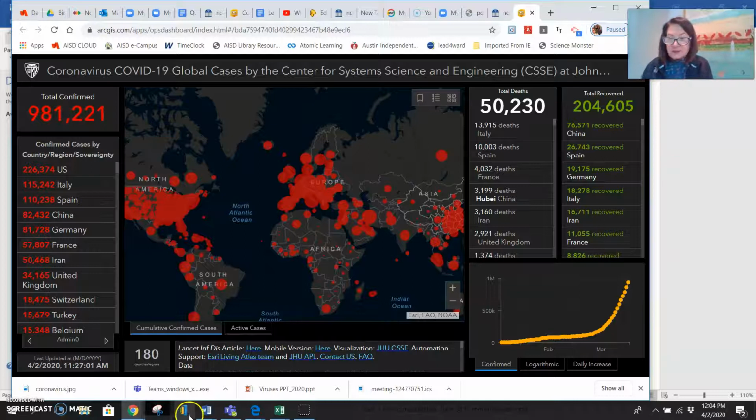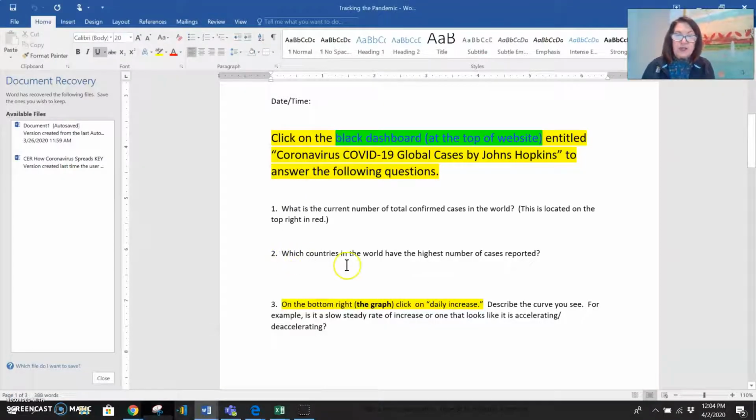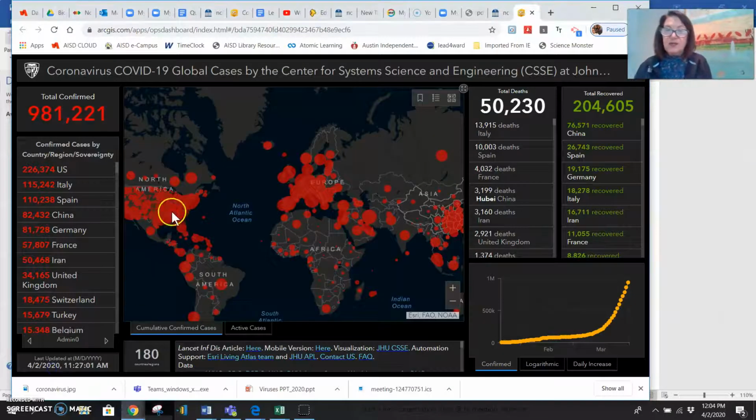The next one on our page is which countries in the world have the largest number of cases reported. So if we go back here, we're going to be looking over here on this far left corner. And if you can see, way over there.